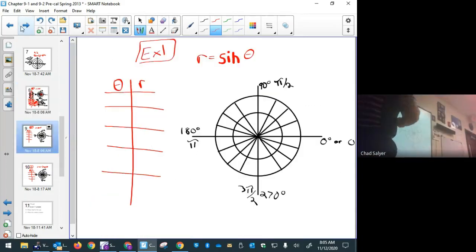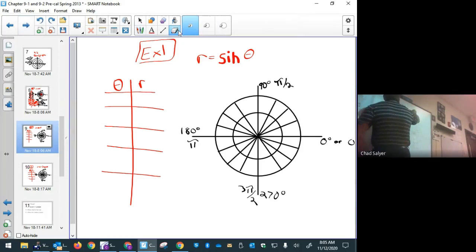Okay, so now let's talk about r equals sine theta. So this time we're talking about sine of theta, which is the y coordinate from the unit circle.